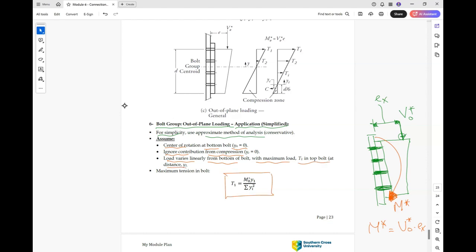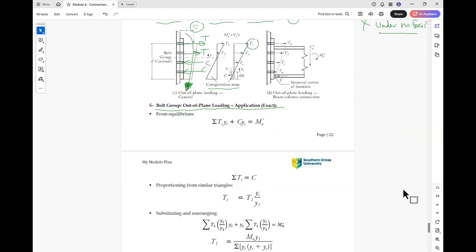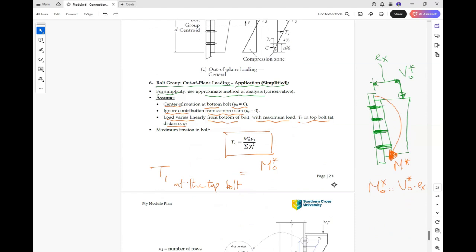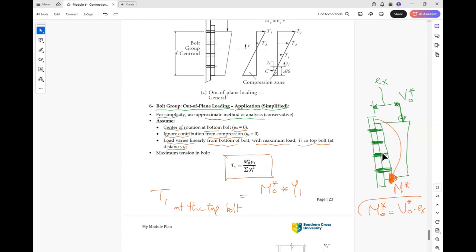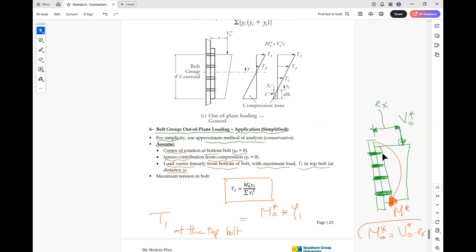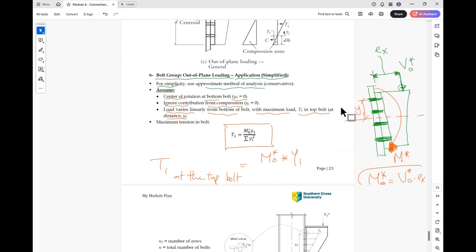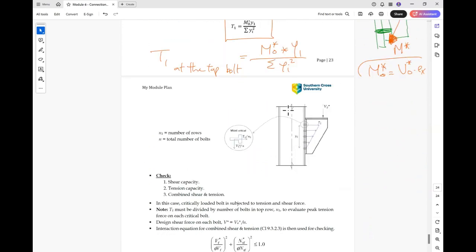So the maximum tension in the top bolt, T1, will be equal to M star O times Y1, where Y1 is the distance to the highest bolt, over the summation of yi squared. So this will be the method we will be using.